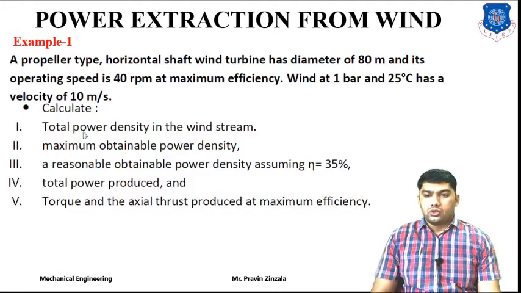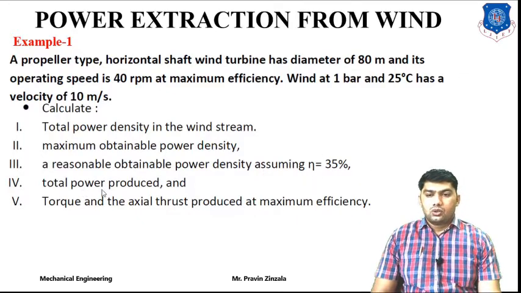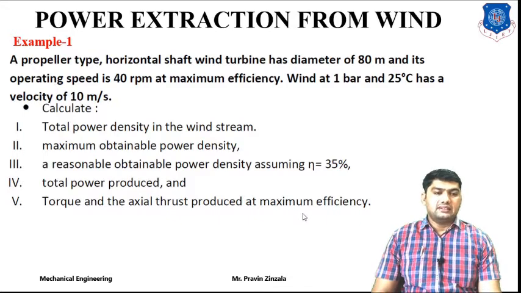Calculate the total power density in the wind stream, the maximum obtainable power density, third, the reasonable obtainable power density assuming the efficiency is equal to 35%, and the total power produced and the torque and axial thrust produced at maximum efficiency.